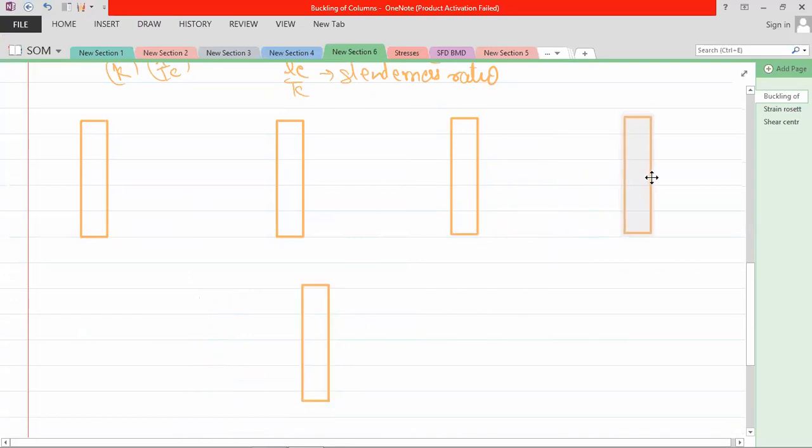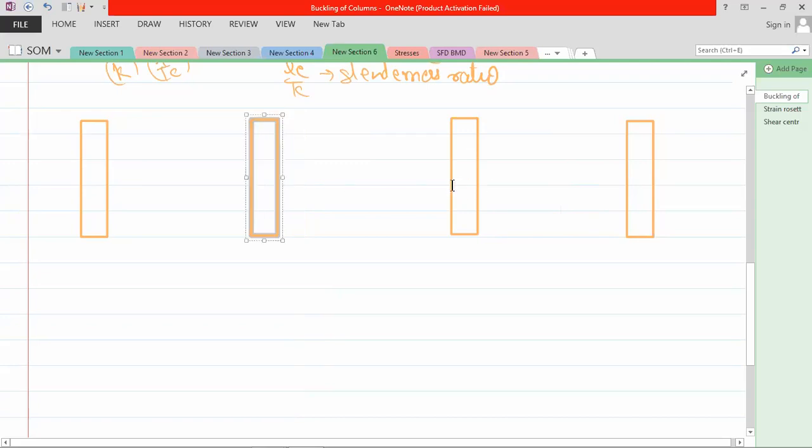These are all your boundary conditions. You can see that these are your columns, and what are the end supports we are putting. There are two types of support, that is hinge and fixed. What is the meaning of hinge and what is the meaning of fixed?